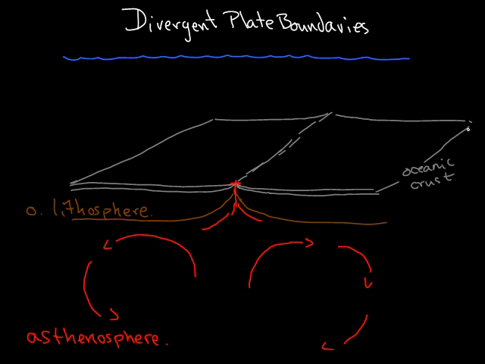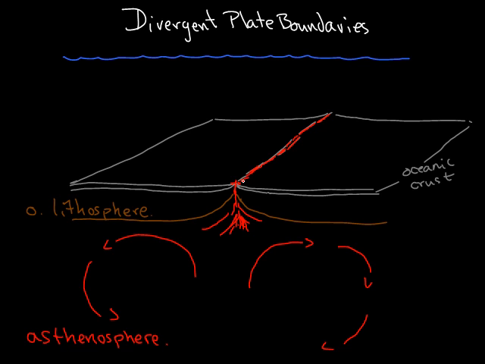With new material, as a result of an upwelling of this hot molten rock, along the mid-oceanic ridge, as it's called, we have this rift valley, and it is the location where all this new material is coming up to the surface. And this is basically creating brand new oceanic floor.